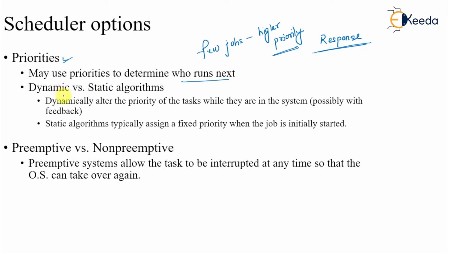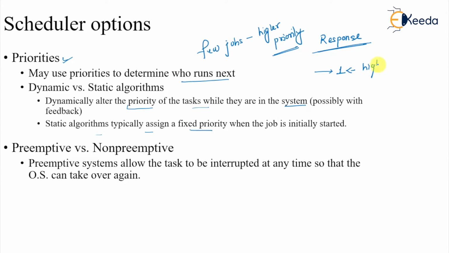And there is a concept of dynamic and static scheduling. Dynamic means dynamically altering the priorities of tasks while they are running in the system, whereas static typically assigns a fixed priority to the job when it initially starts. So with dynamic, the system starts with, let's say, priority 1, which I will call the highest priority.